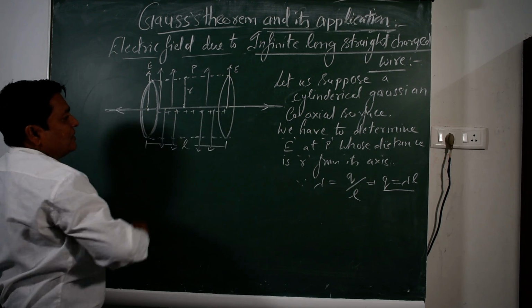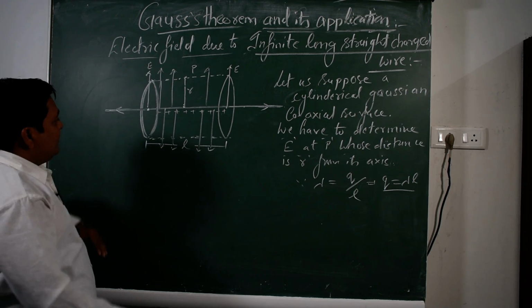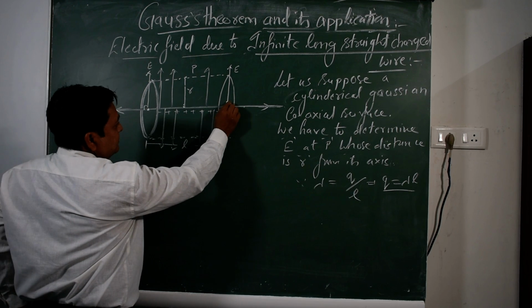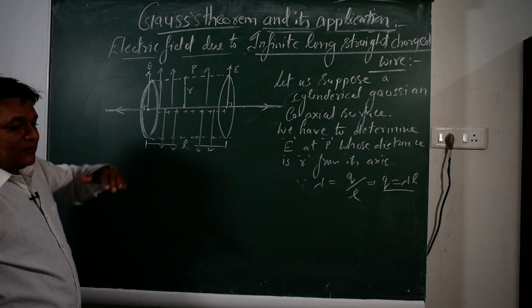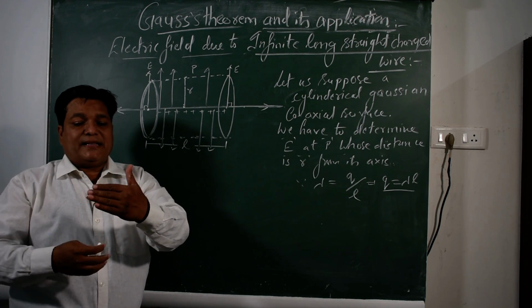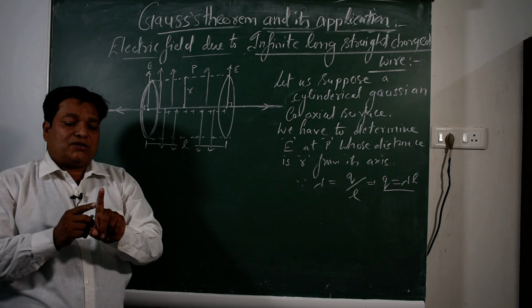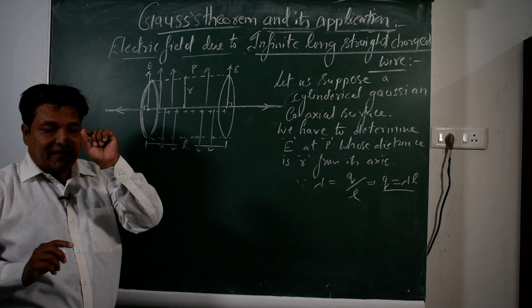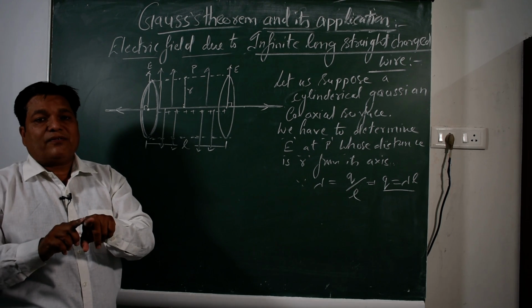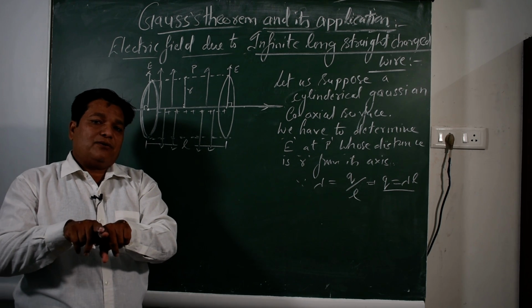At the two circular faces, the angle between area vector and electric field is 90 degrees. But on the curved surface, at each point the electric field lines are coming out, so the direction of ds and the electric field are the same, meaning theta between them will be 0.